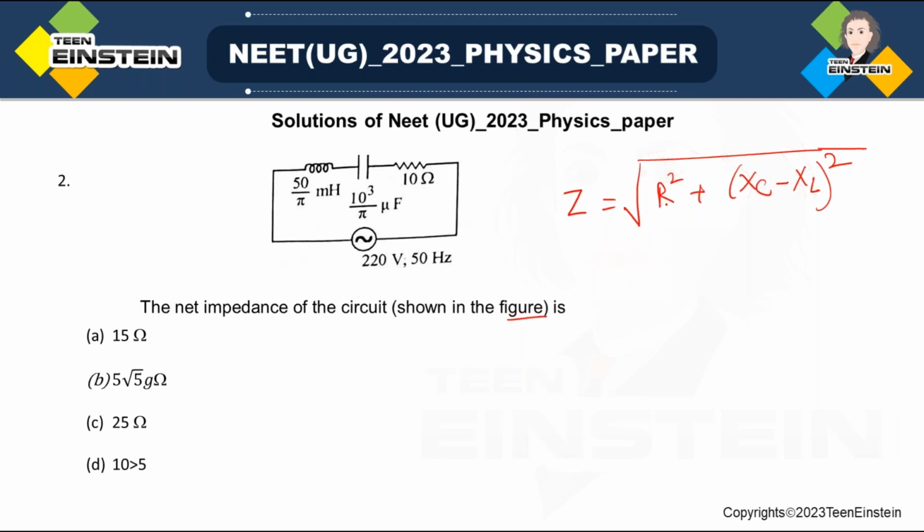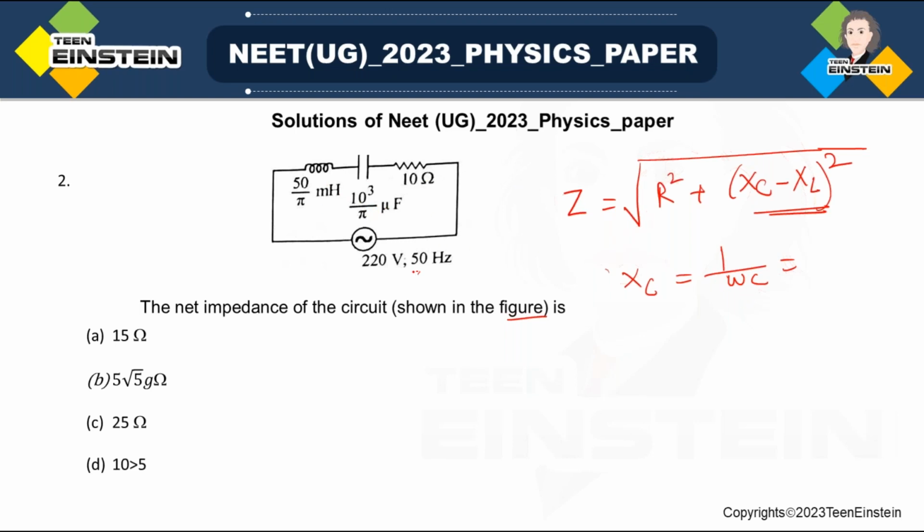R is given as 10 ohm, that is fine. We have to find this factor. Let us first find Xc. This is called capacitive reactance. Capacitive reactance is written as 1 by omega C.